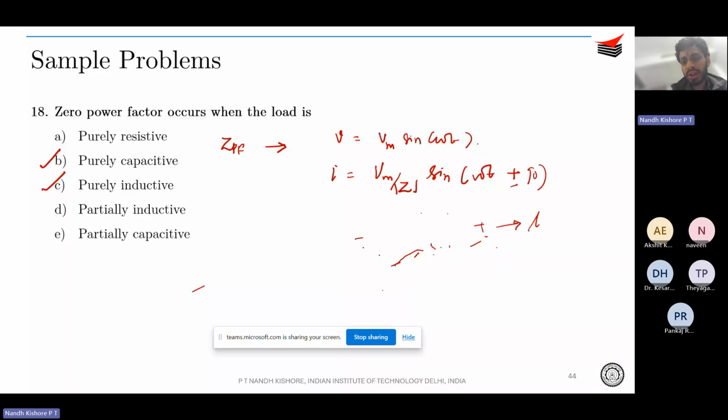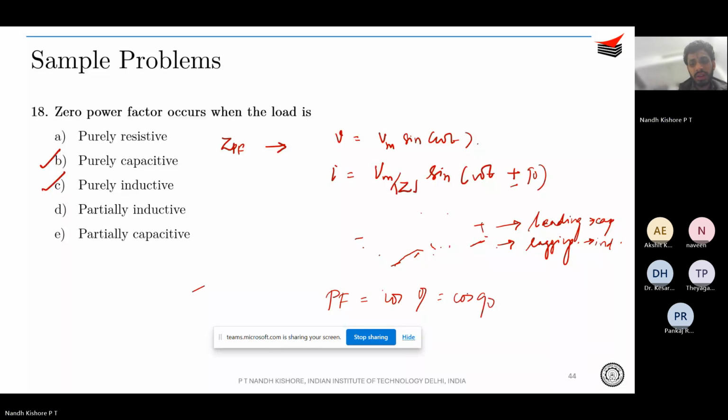So plus for leading current and minus for lagging current. Leading means it's capacitive and lagging means it is inductive. So zero power factor means, you know that the power factor, which is cos phi, is cos 90. So therefore power factor is 0.